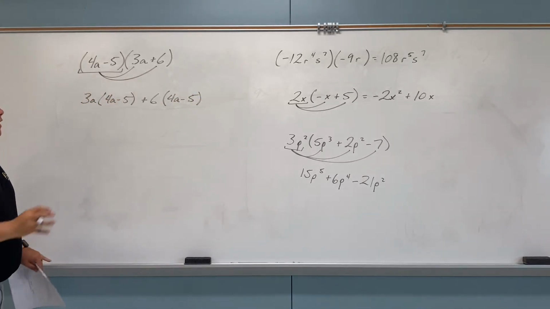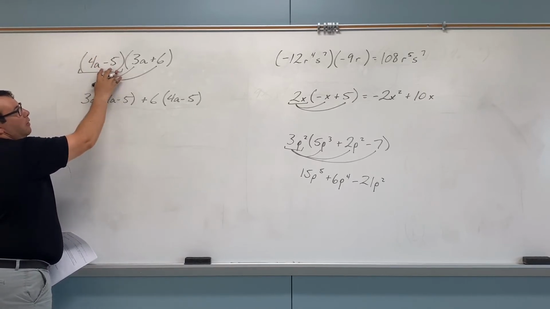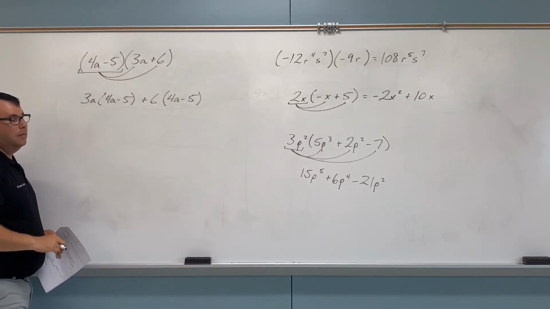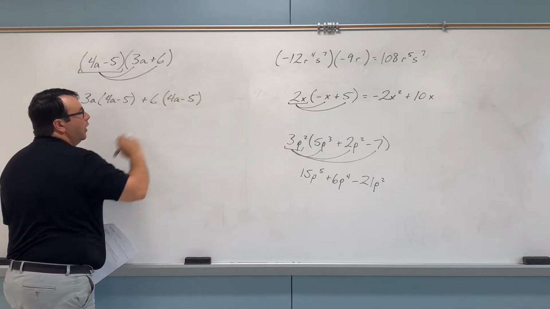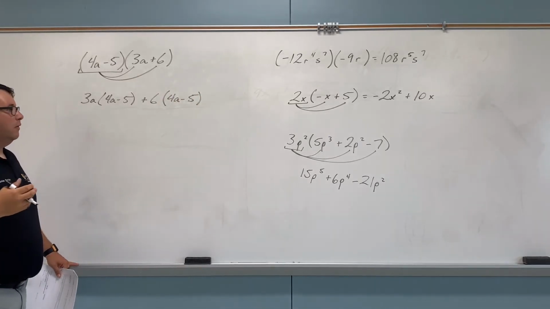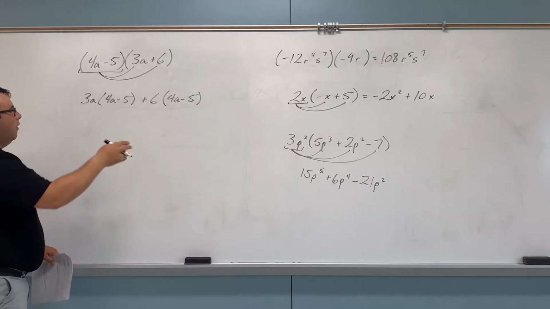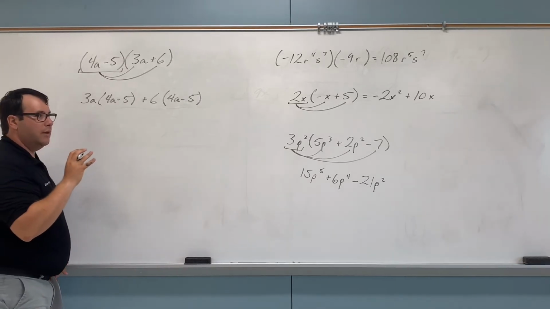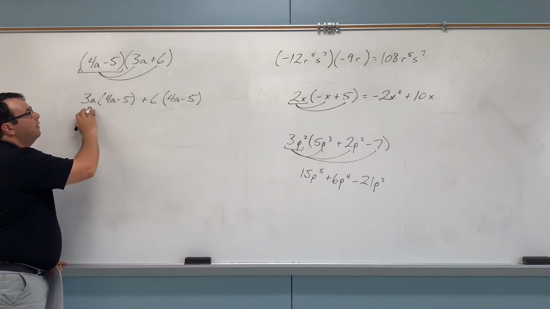So again, all I've done is I've taken this entire binomial, this entire quantity, and I have multiplied it to each individual term. Okay, so there's my 3a times my quantity, there's my 6 times my quantity. Now what I need to do is go back to what I was just doing, monomial times binomial. So I'm going to go ahead and distribute again. You might have heard this as the double distribution method, and that is perfectly fine. It's perfectly acceptable to understand what we're looking at.